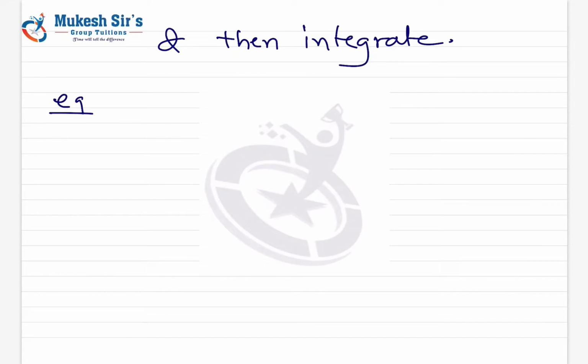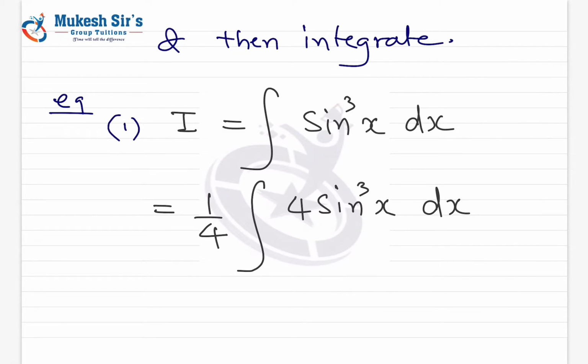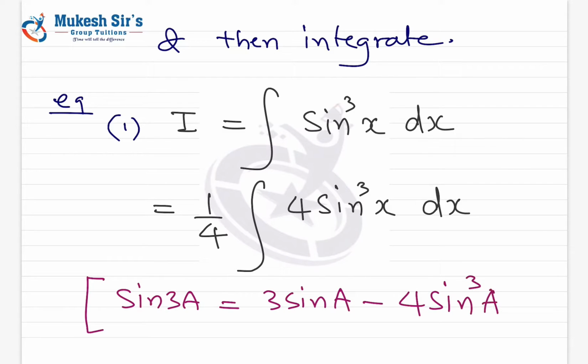So we solve an example of this. Suppose we have integration of sine cube x dx. So you can multiply and divide by 4. So this becomes 1 upon 4 times 4 sine cube x dx. Now I can use the formula. The sin 3a formula is 3 sin a minus 4 sin cube a.